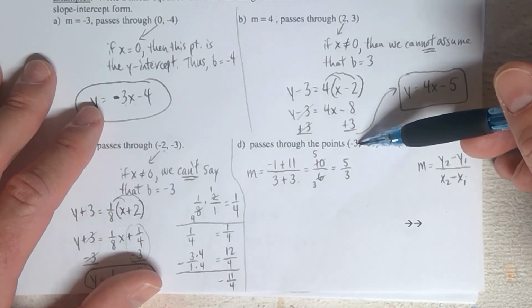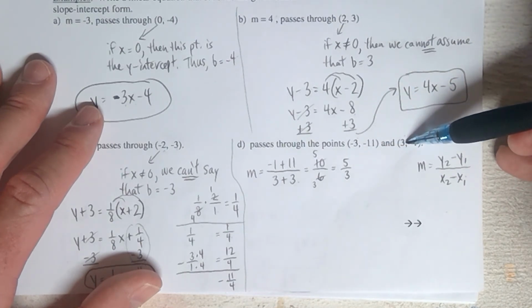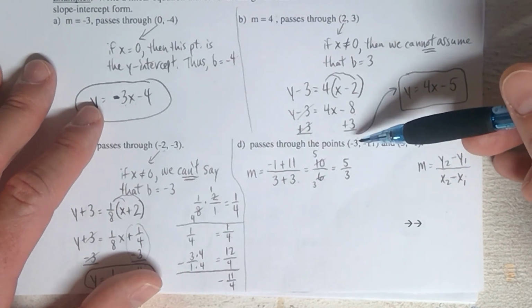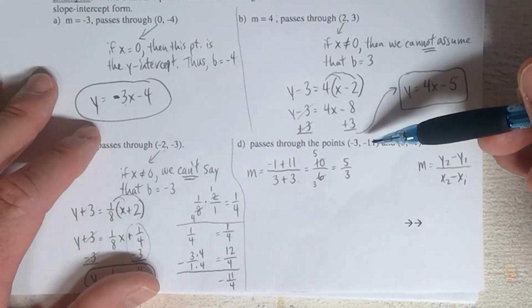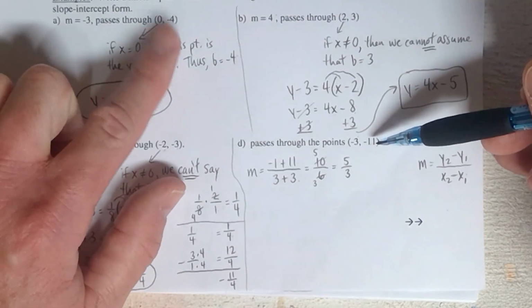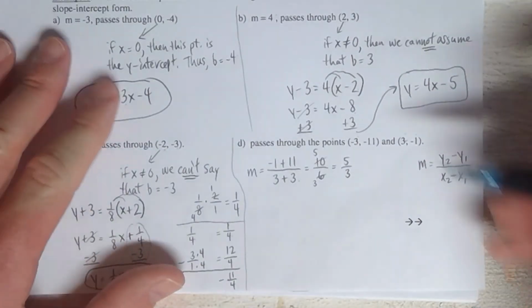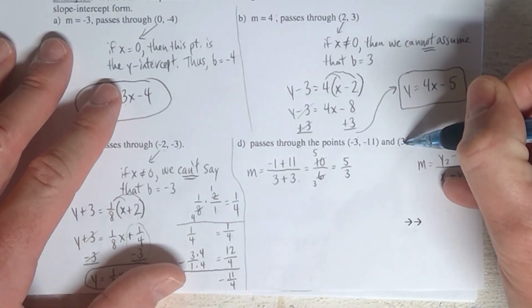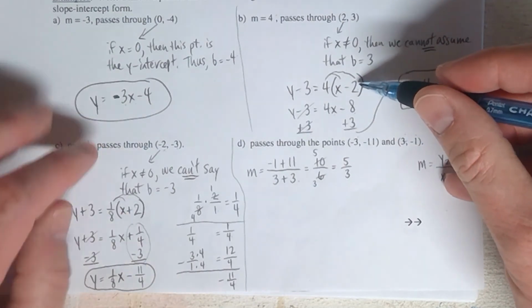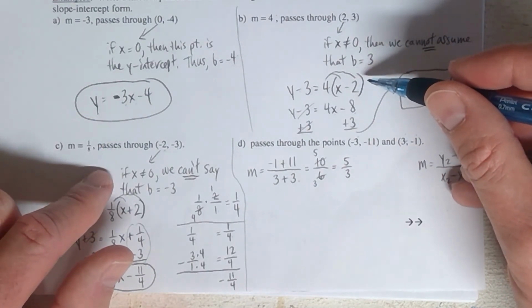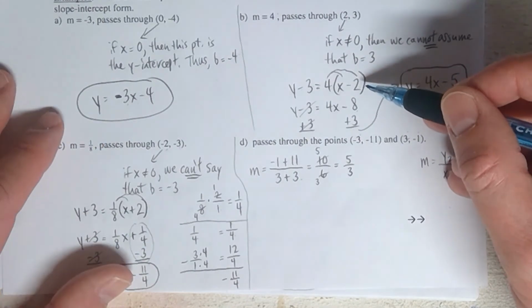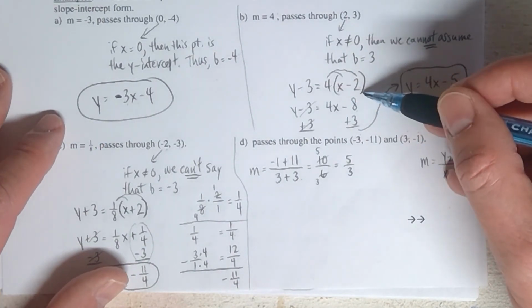Do either one of these 2 points have x equal to 0? No, they don't. If one of them did, then you just have to take the number that pairs up with x equal to 0, just like we did here, and then you would know what your b is. But since neither one of these has x equal to 0, you're going to have to do the same thing we did in the last two problems, b and c right here, where you have to use the point slope formula with the bracket and all that.